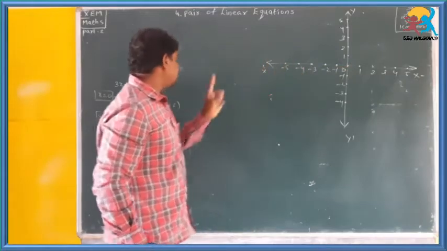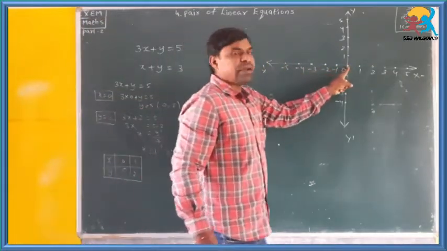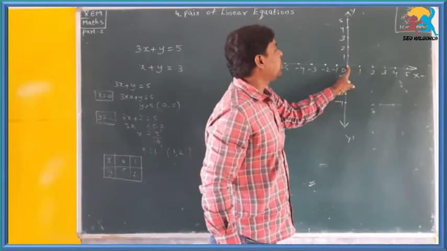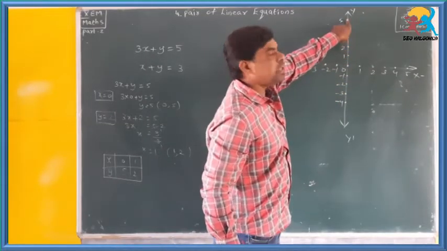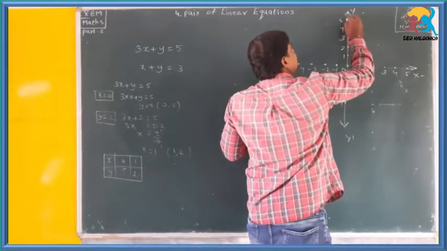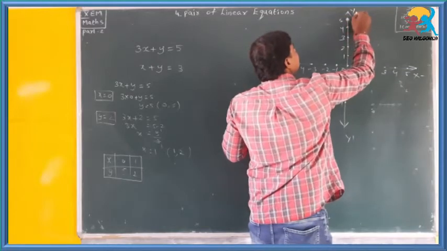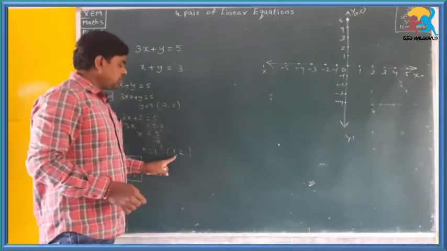In the upward direction, where you get 5, there we have to stop. We have to look at the y axis and stop at 5. So from 0 I am moving in the upward direction, so I have got 5 here itself. That is why I have to choose the point, just make it dark, and this point will be 0 comma 5.